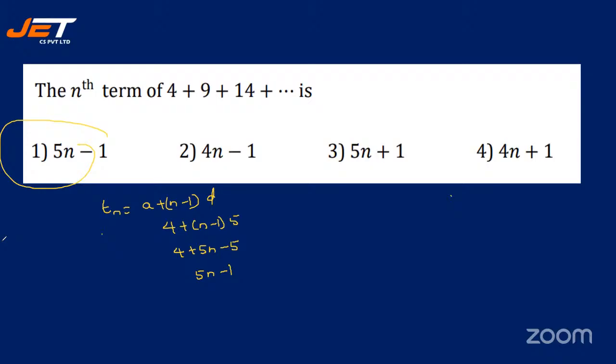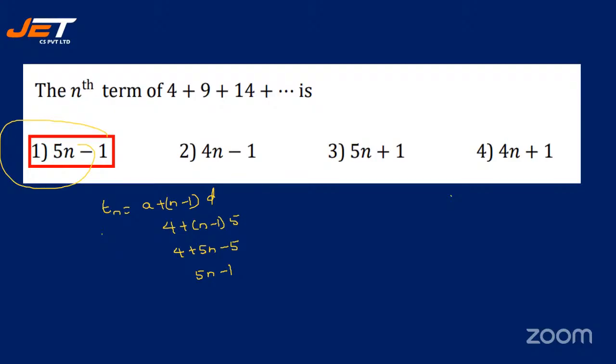Yes, 5n minus 1. I hope you all are understanding how this has come. You're taking the nth term, that is Tn is equal to a plus n minus 1 into d. That's the formula. A is always the first term, n is here n only, and d is the common difference, T2 minus T1. 9 minus 4 is 5.